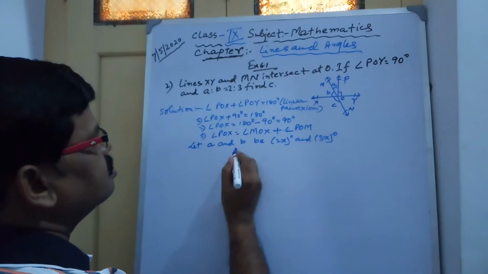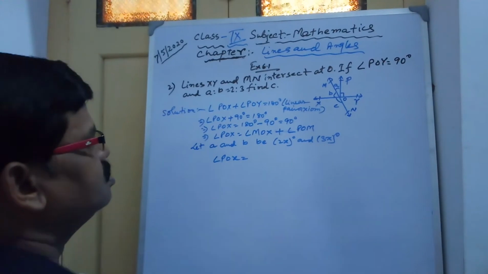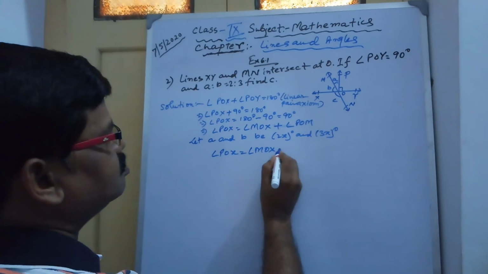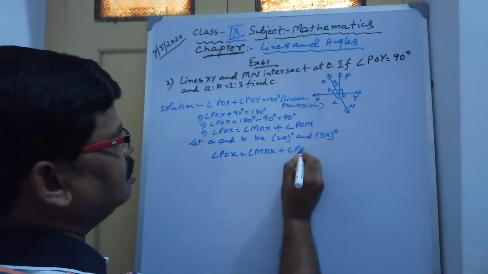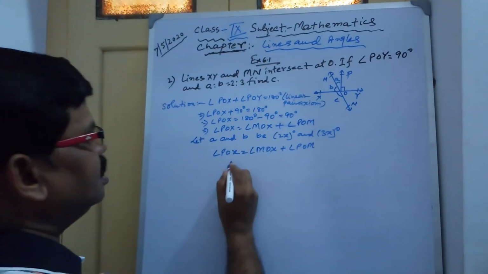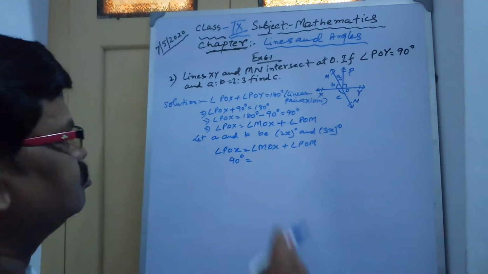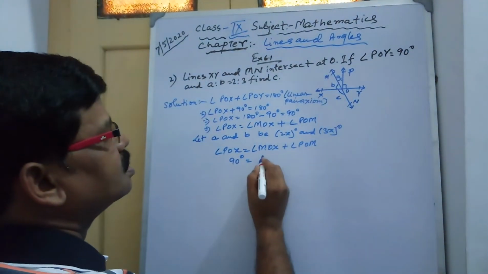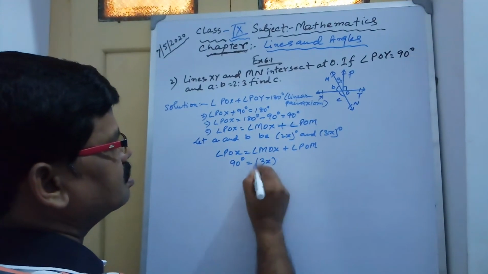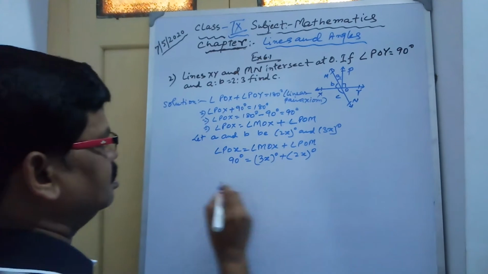Now angle POX equals angle MOX plus angle POM. So the value of POX is 90 degrees, equal to MOX, that is B, 3x, plus 2x degrees.